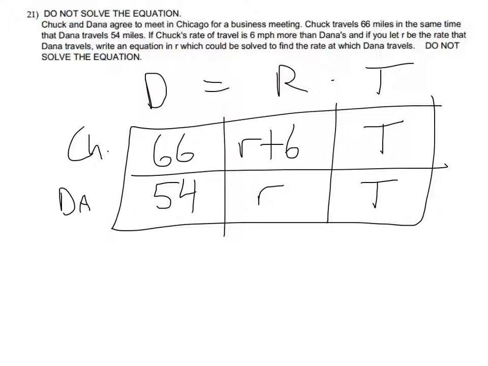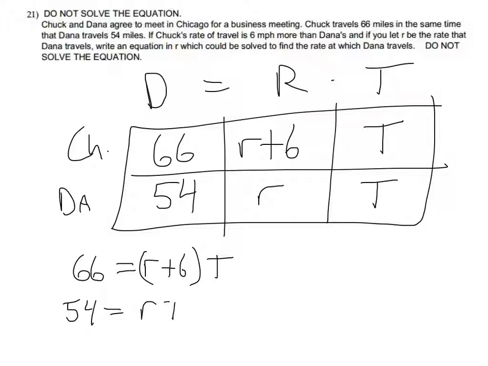Now distance equals rate times time. Distance equals rate times time. We have a system, little 2x2 system. We can solve this for r and t. What do they want? Write an equation in r. So we need an r equation, which means we have to get rid of t.